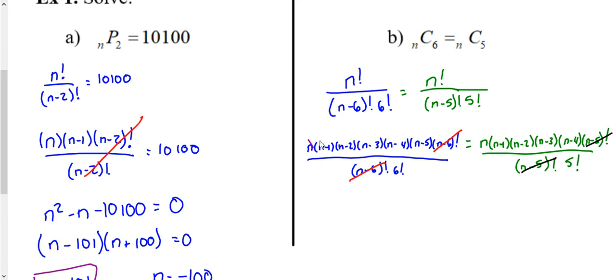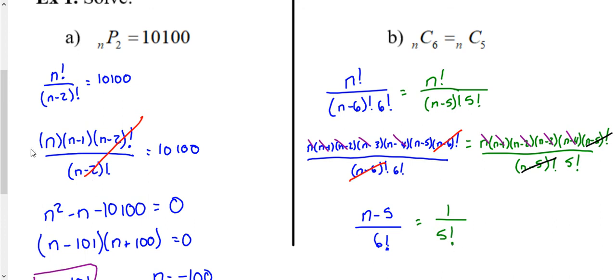So I have 1, 2, 3, 4, and 5. All of those are the same, so they're all just going to be cancelled out. So what are we left with? On the left, we still have this n minus 5 that we haven't touched, all divided by 6 factorial. And that's all going to be equal to, well, there's nothing in my numerator, it's just going to be 1 over 5 factorial.